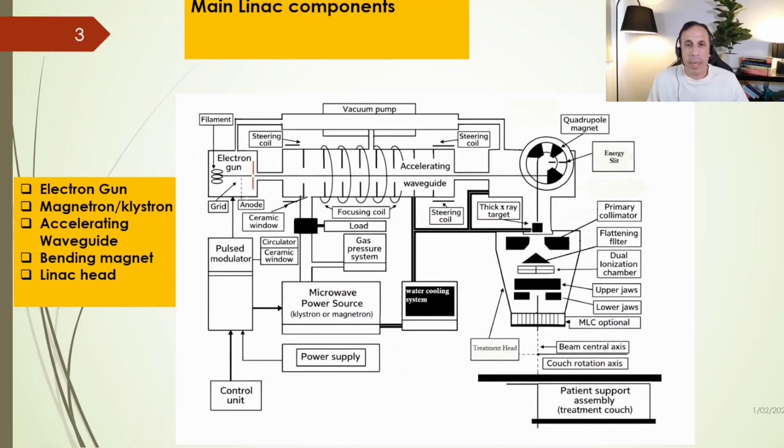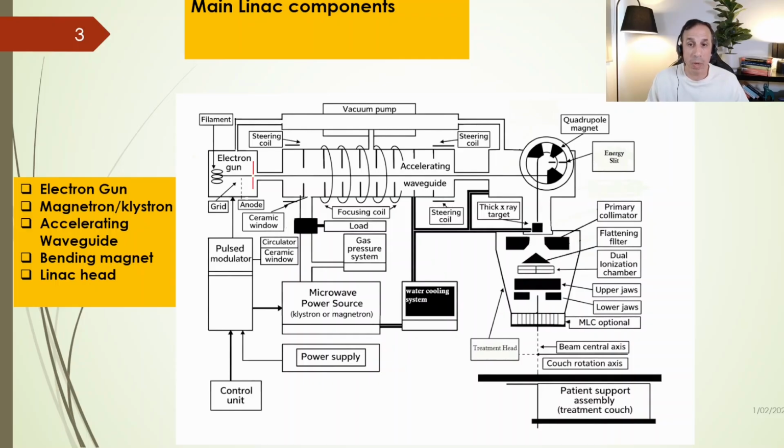So the main controlling part of the system is the control unit. The control unit is an electronic system that controls everything that happens inside the Linac. You can think of this as the brain of the Linac. It controls energy, every operation, checks safety systems, and makes sure the treatment plan is delivered exactly as prescribed.